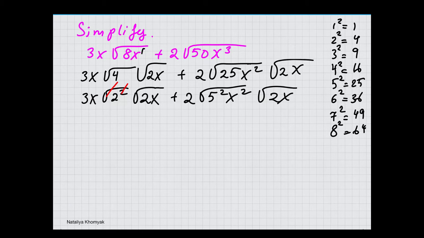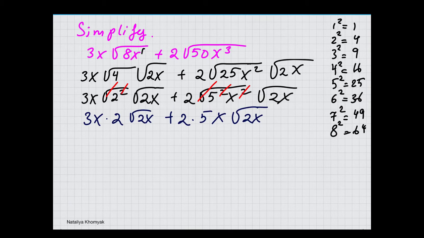Square root and the second power cancels. So we have 3x times 2 radical 2x plus 2 times 5x radical 2x. 3 times 2 will give us 6x radical 2x plus 2 times 5, 10x radical 2x.